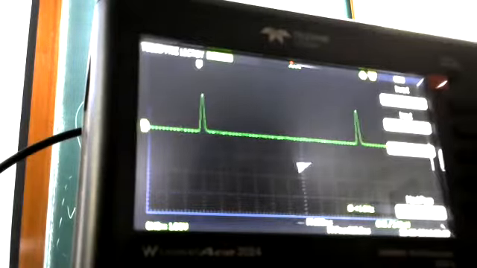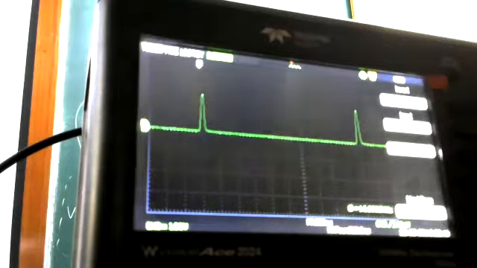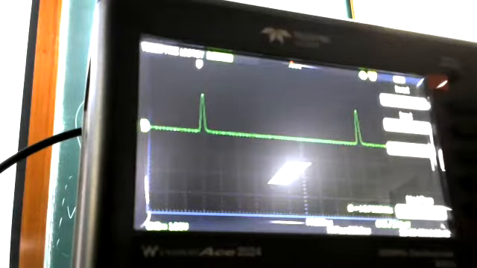Okay, so I want you to now pay attention to the original signal. And just to remind you, it's going from 0 to 2 volts. I'm going to turn it off and connect this cable because we'll first try to predict what we're going to see.